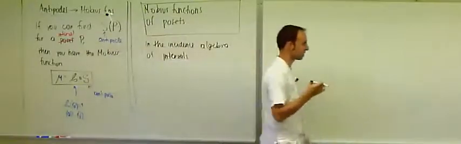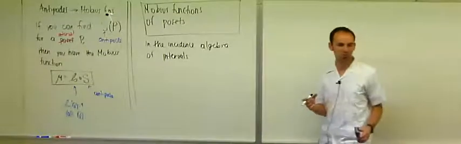In the incidence algebra of all posets of intervals, let me say posets with a 0 and a 1, because when you say interval, it sounds like you're a part of something bigger, and all I mean is posets with a bottom and a top element. Yeah?